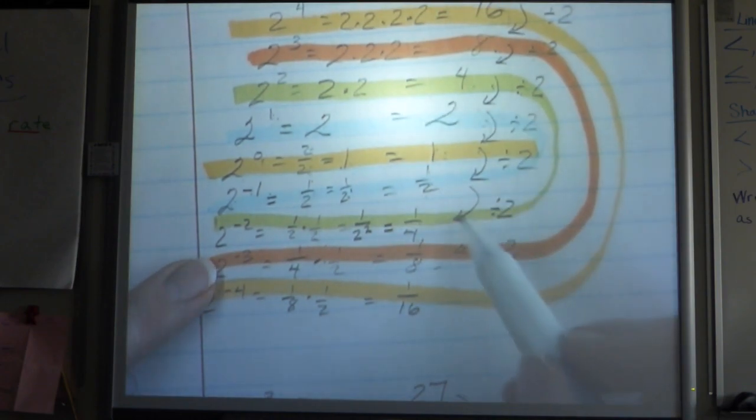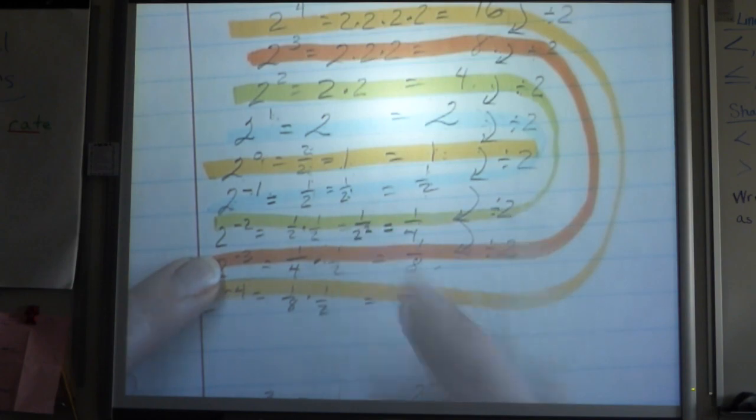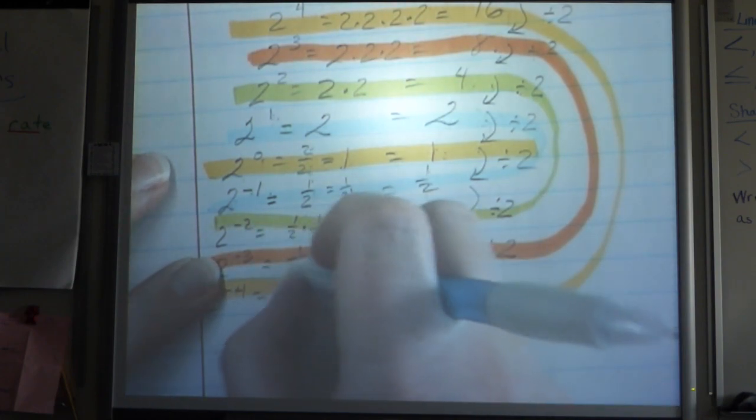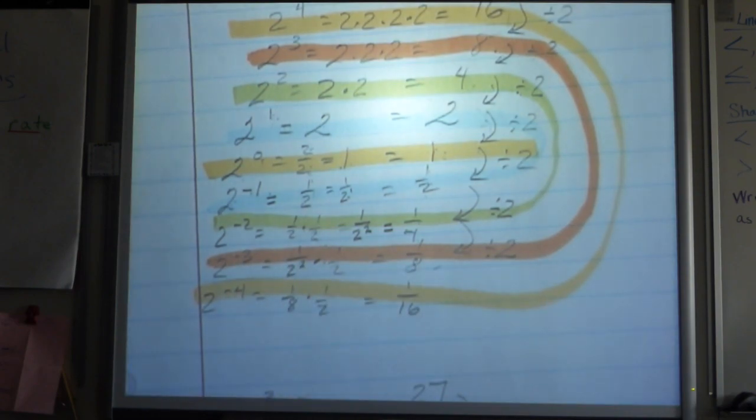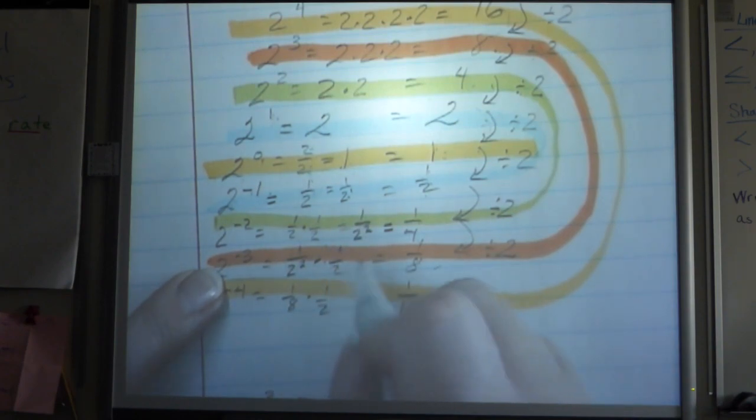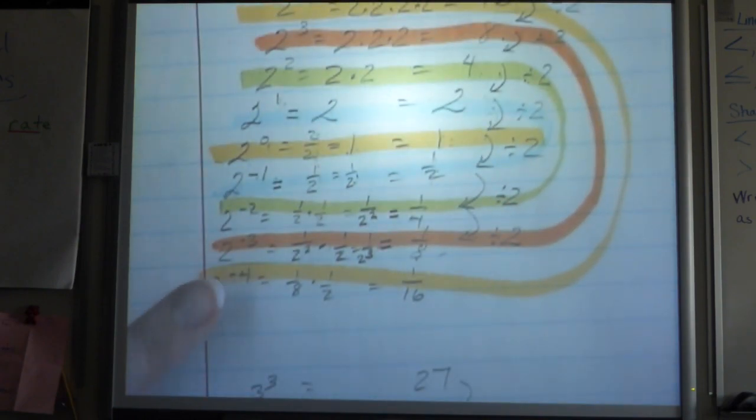Then, if I divide that by half, that's the same as multiplying. I'm going to leave this as 2 squared instead of 4, so we can see those repeated powers. Now I have 1 over 2 squared times 1/2, which gives me 1 over 2 cubed, which is 1/8.